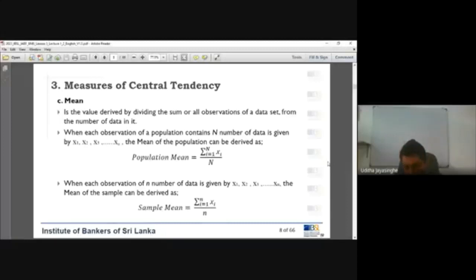You have population mean as the sum from i equals 1 to capital N of xi. Xi means the number that you are going to write in this particular data set. I have written i equals 1, 2, 3, likewise for this particular array of data. I'm going to add everything, divide by capital N. Bang, we have the population mean.